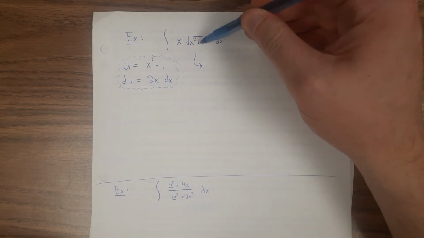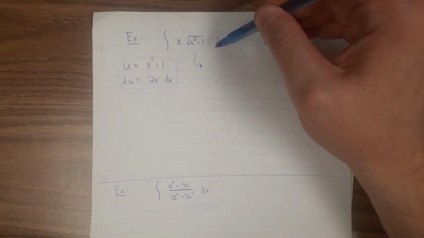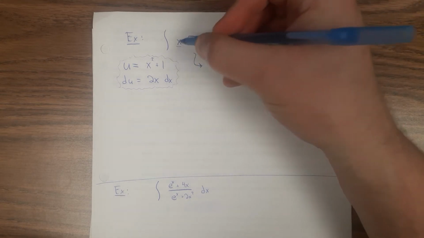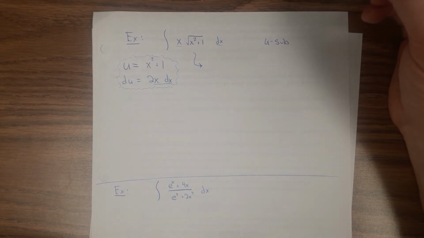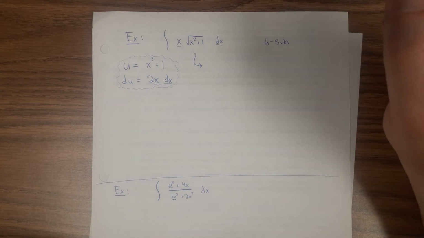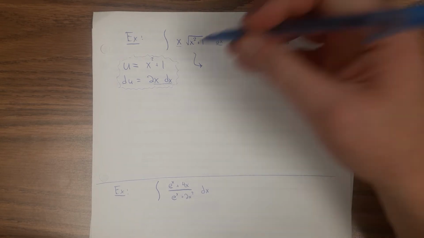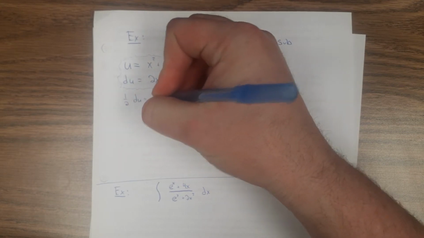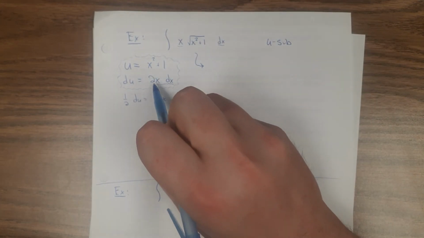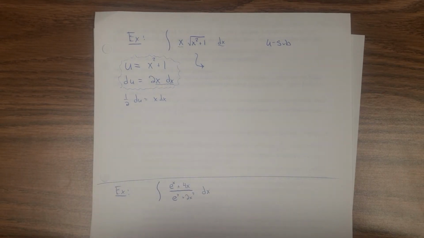Of course, the thing under the square root is U, and this x dx is something that I kind of like because I see x dx here. So yeah, here's what I'm going to do. I'm going to say, off of this, 1/2 du equals x dx. Because I'm just kind of getting the part that I like by itself. I like the x dx. I didn't like the 2 so much.